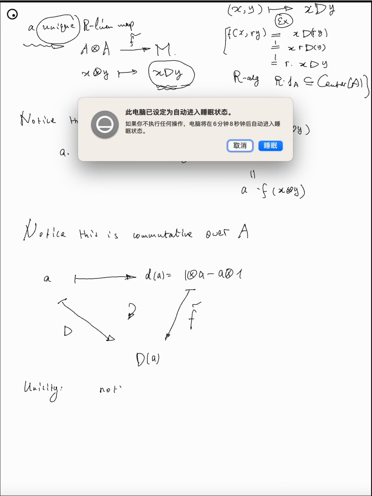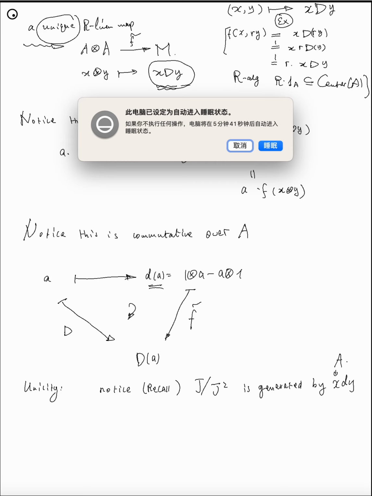And how do you show the unicity? Recall that J is generated by elements of the form x dy with x in A, right? So this is already dy.